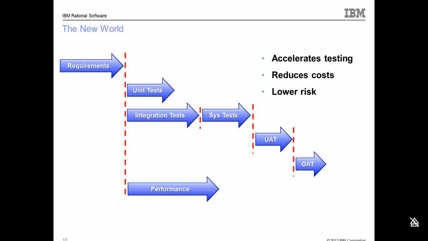And we're moving the entire cycle of testing significantly earlier, which means performance and all the other tests can start much earlier than before. So what does this do? It accelerates testing, obviously, because we started testing much earlier than we were before. That causes a reduction in cost, and it also lowers the risk.